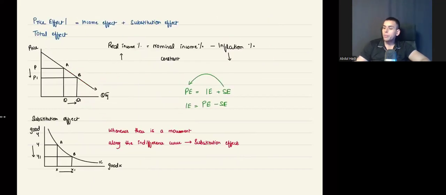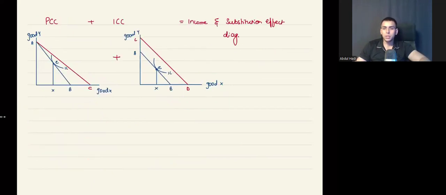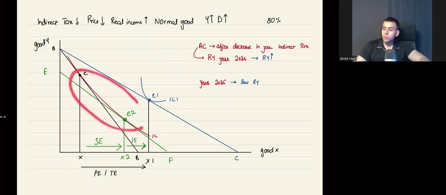Whenever you get two equilibriums on the same indifference curve, you'll get the substitution effect. So if I'm traveling along the indifference curve and getting two equilibriums, this is my substitution effect. Now, what about the income effect?